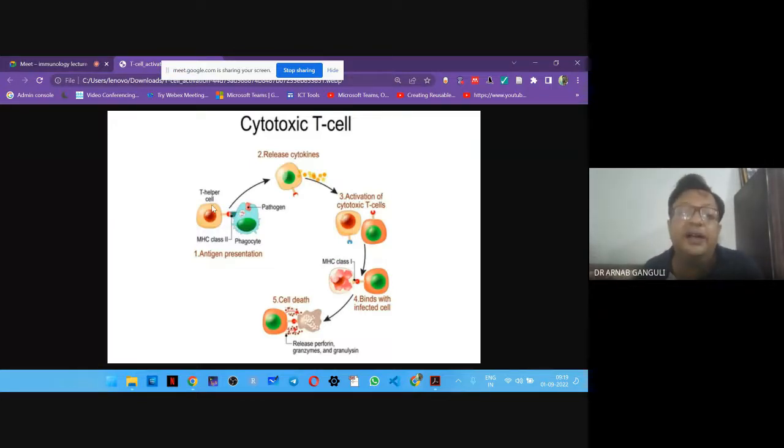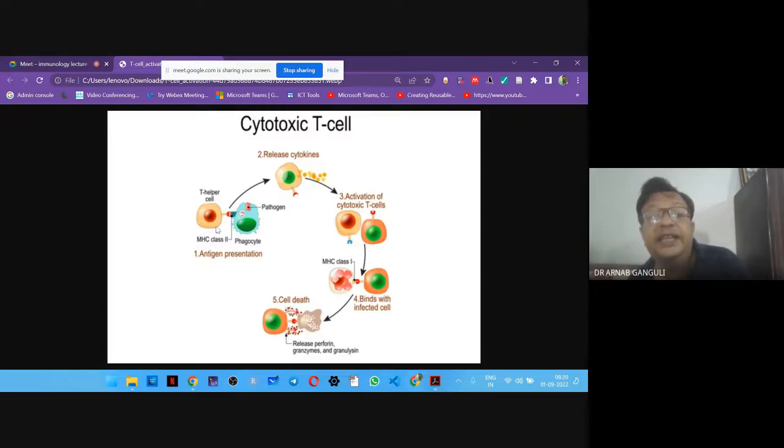So you have MHC2, which are found only on specific immune cells like macrophages and these phagocytes. They present this. So on this MHC2, these T helper cells bind. Then these T helper cells get activated. They release certain chemicals called cytokines. They activate the cytotoxic T cells. And cytotoxic T cells will bind.